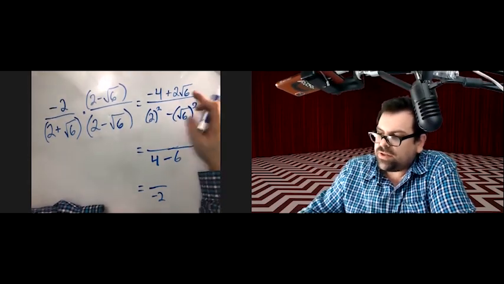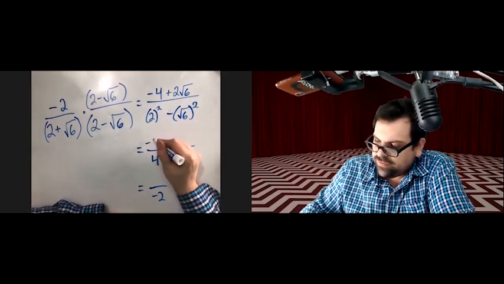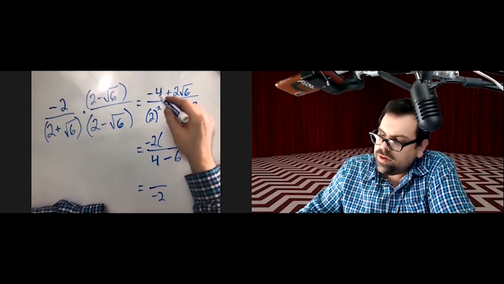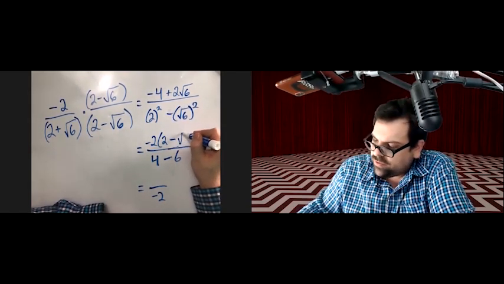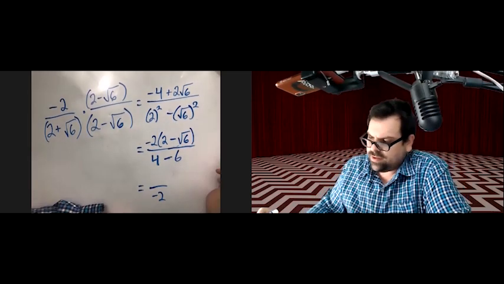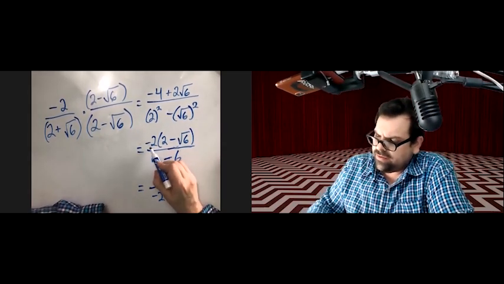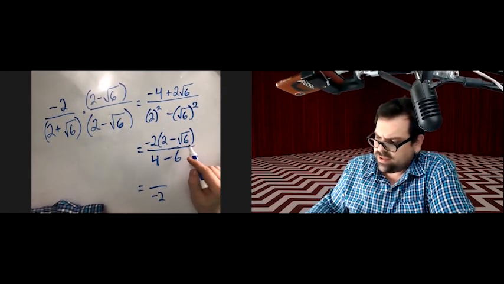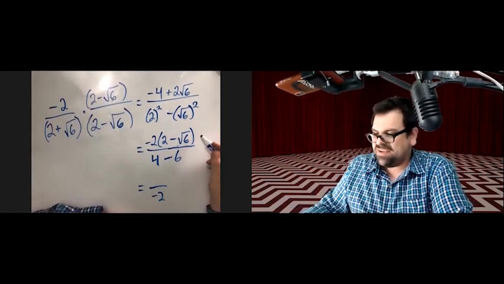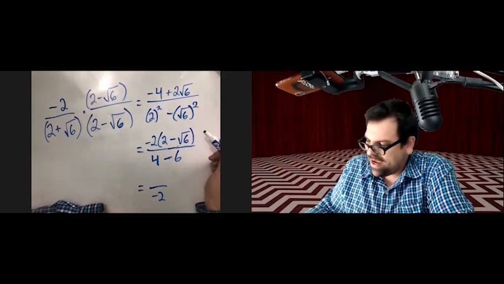We can factor a negative 2 out the front. That would leave us with 2 minus radical 6. Is that right? Negative 2 times 2 is negative 4. Negative 2 times... Oh, look, it's the same form. I factored it right back out.